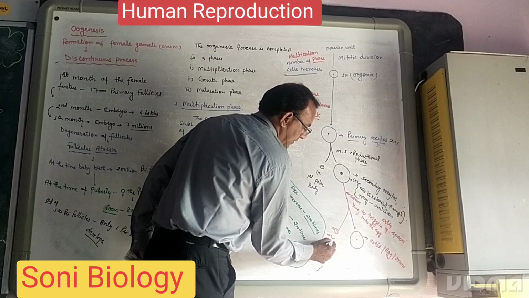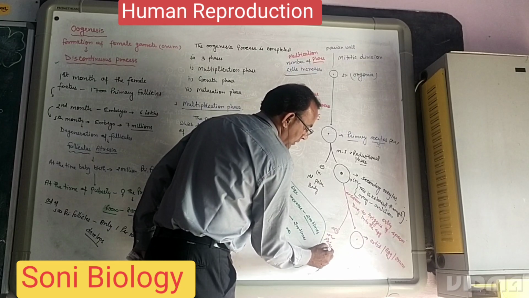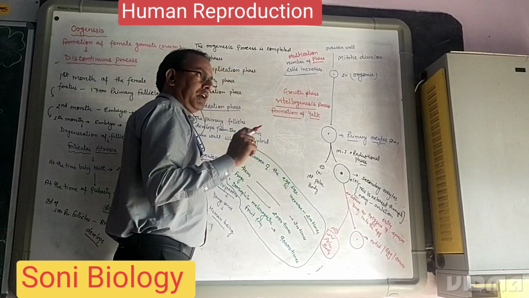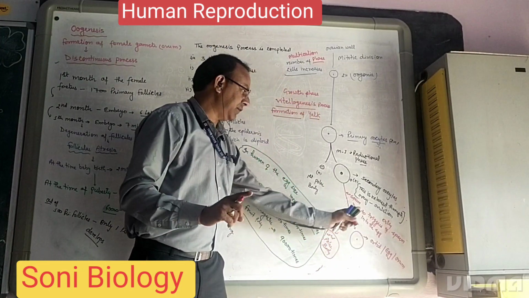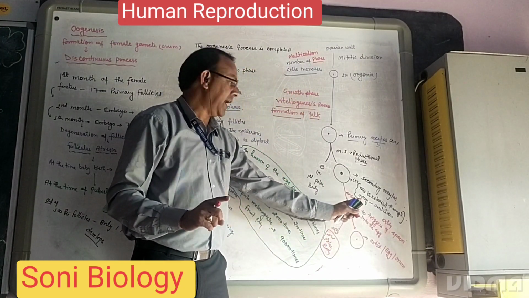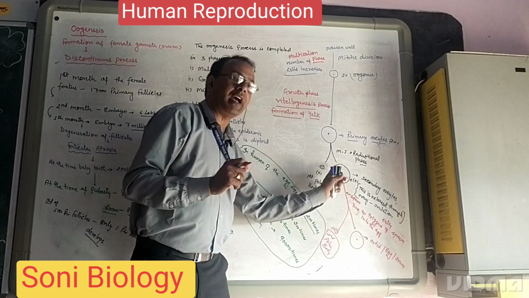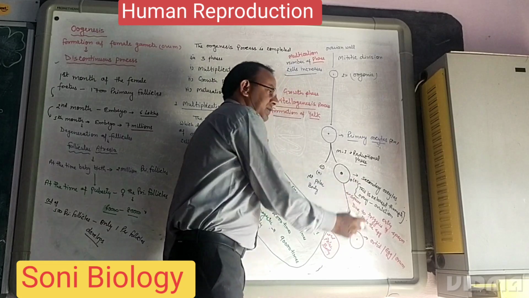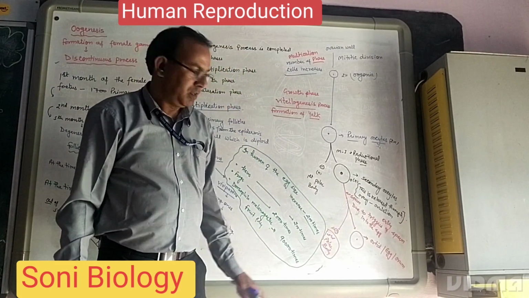The second polar body can be formed only in one situation, if the sperm has entered the egg. Otherwise, it is released in the form of secondary oocyte.